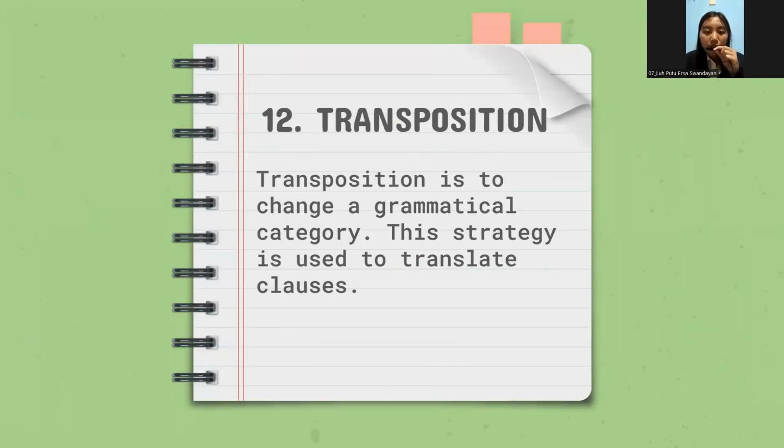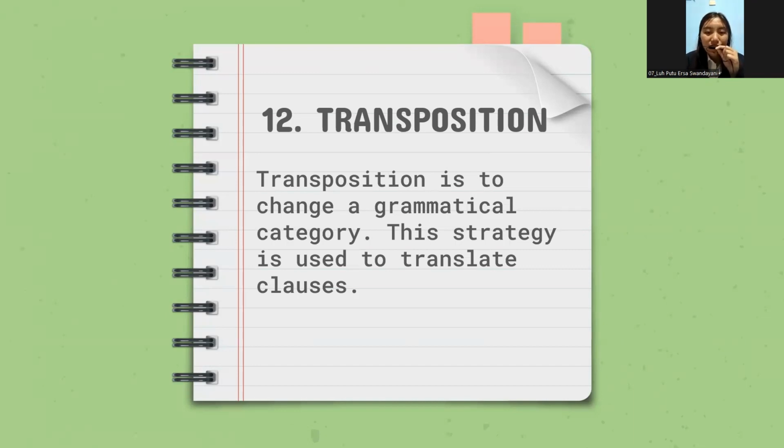Okay, number 12 is transposition. Transposition is to change a grammatical category. This strategy is used to translate clauses. In this technique, the translator changes the structure of the source text to get the equivalence in the target text.